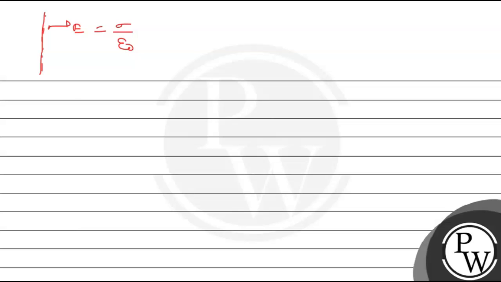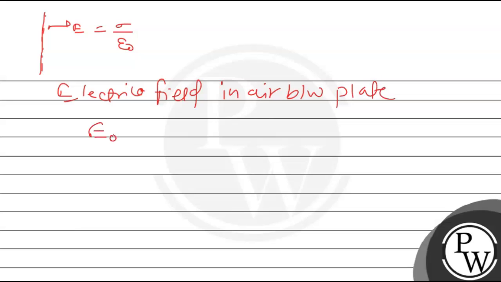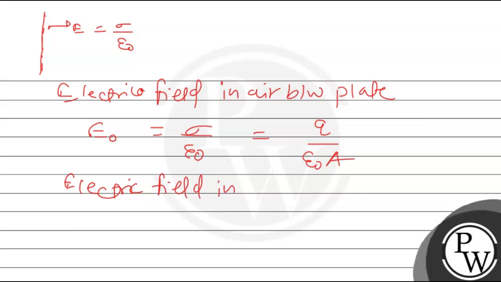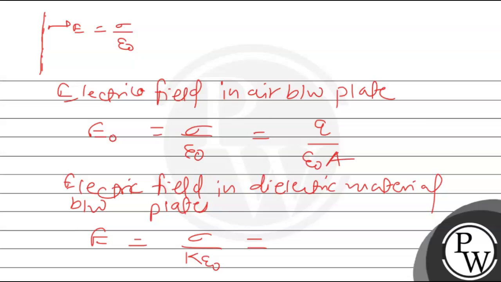So here we can write that the electric field in air between the plates, E naught, is equal to sigma upon epsilon naught, where sigma is equal to Q upon A, and the electric field in the dielectric material between the plates is E equal to sigma upon K epsilon naught, which can be written as Q upon K epsilon naught into A.